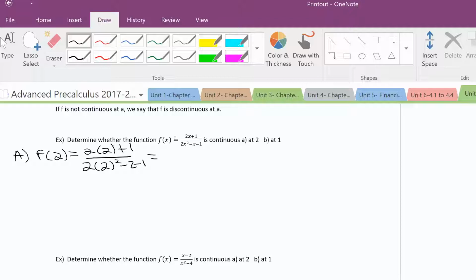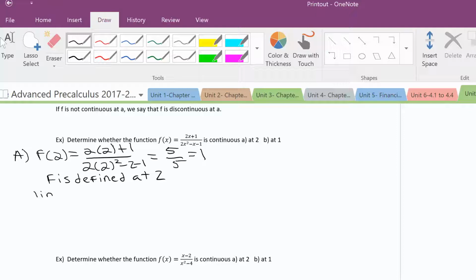So that gives us 5 over 5, because 4 times 2 is 8, minus 2 is 6, minus 1 is 5, which is 1. So f is defined at 2. So that's one part.